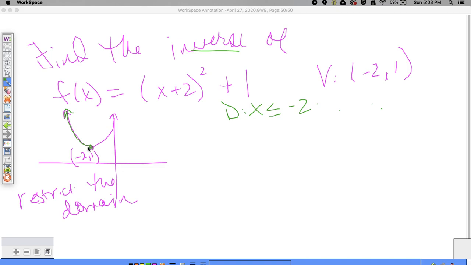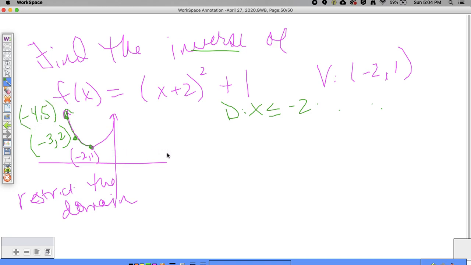If I were to put negative 3 into this function, negative 3 plus 2 is negative 1, squared is 1, and 1 plus 1 is 2. So I know that negative 3, comma 2 is on that graph. If I were to put negative 4 in here, negative 4 plus 2 is negative 2, squared is 4, plus 1 is 5. So I know that this is negative 4, comma 5.